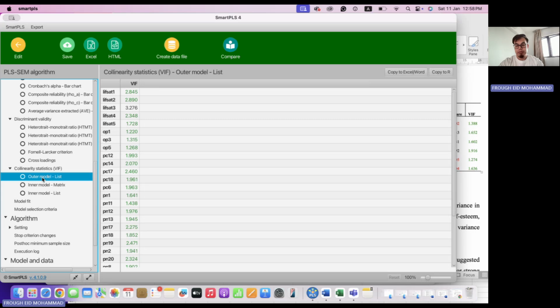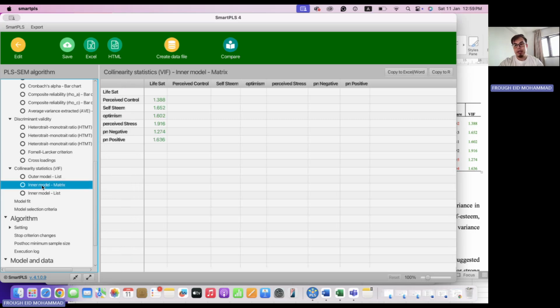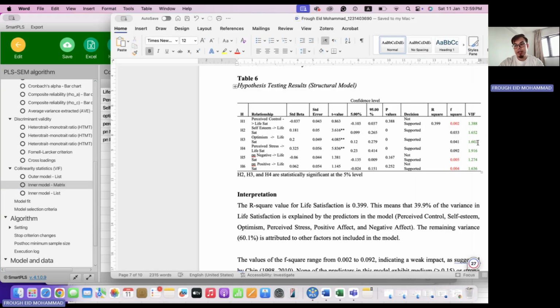The outer is for the measurement model analysis, and the inner is for the structural model analysis. These are the VIF values that I have inserted in this table. Considering this, I go to the structural model analysis.